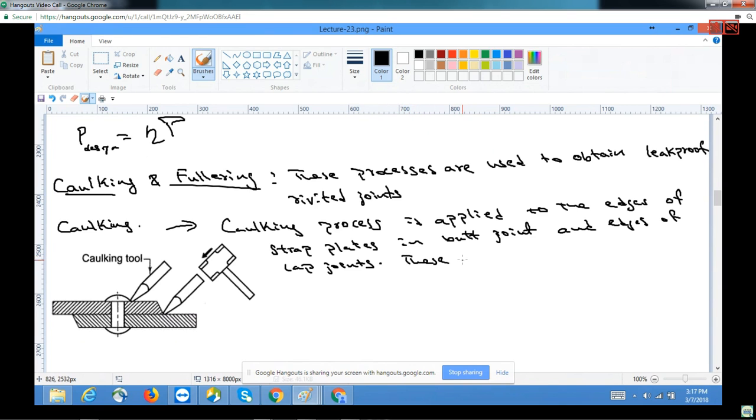These edges are first beveled to approximately 70 to 75 degrees.